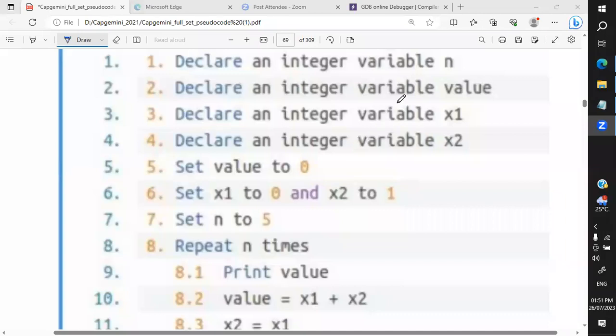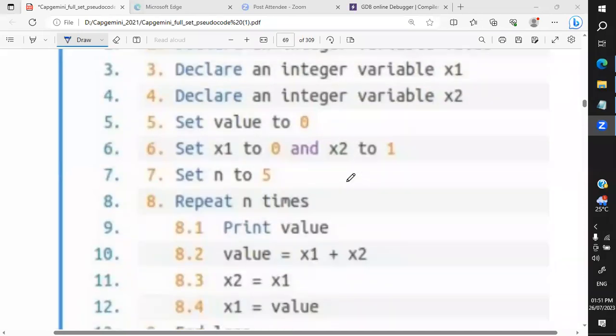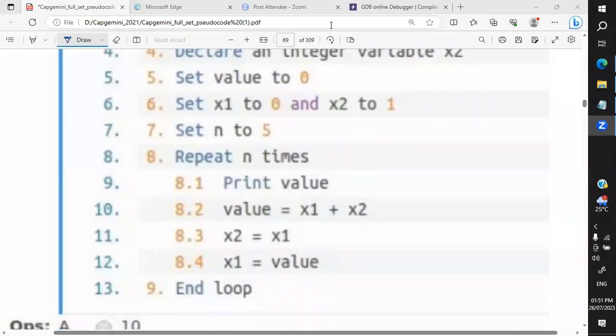Some variables are declared. Assume all the variables are declared. Just try this and let me know. Or maybe this one is also done.